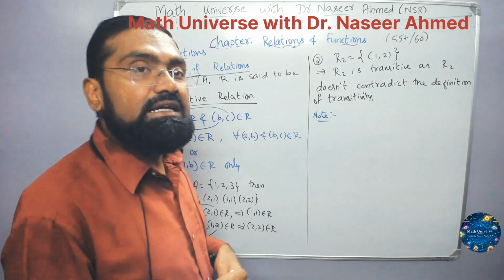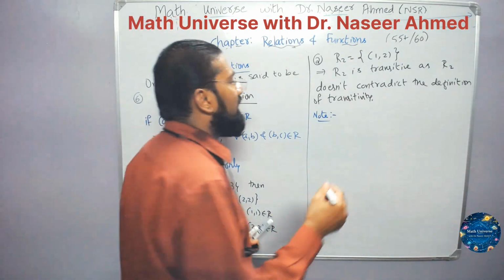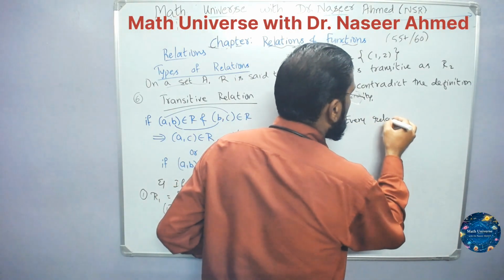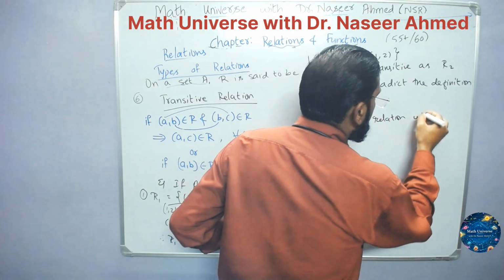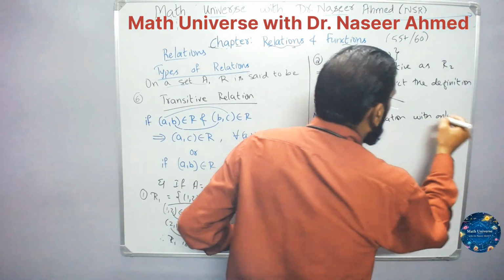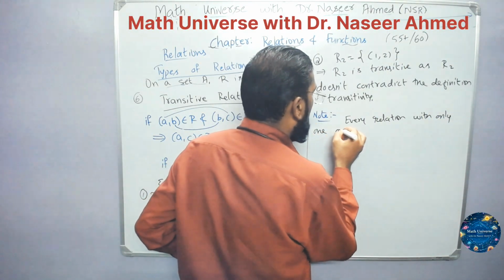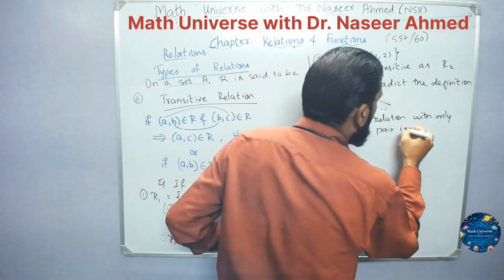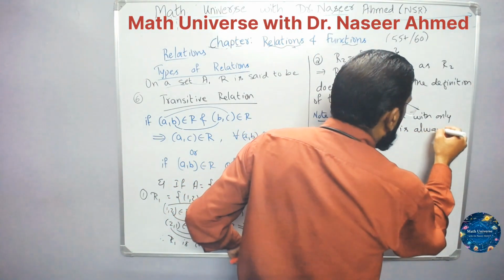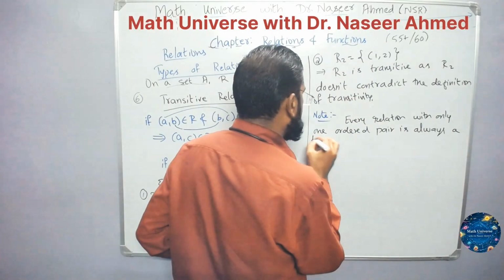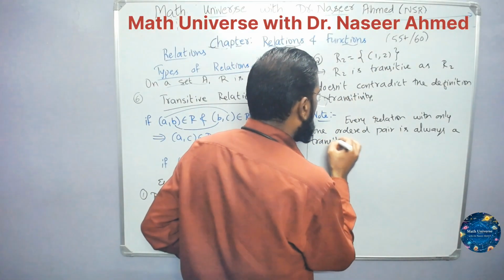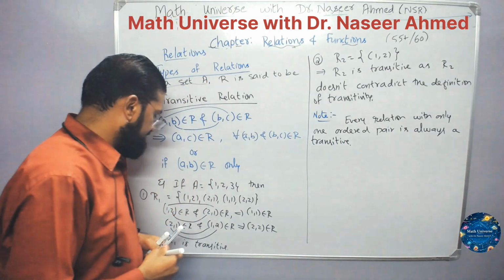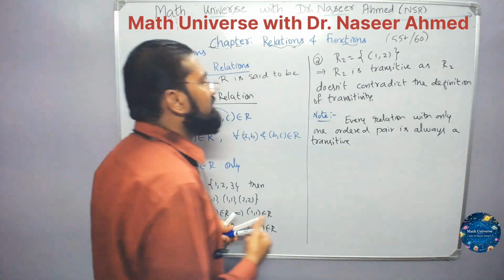So I'm saying here singleton ordered pair. So every relation with only one ordered pair is always transitive.